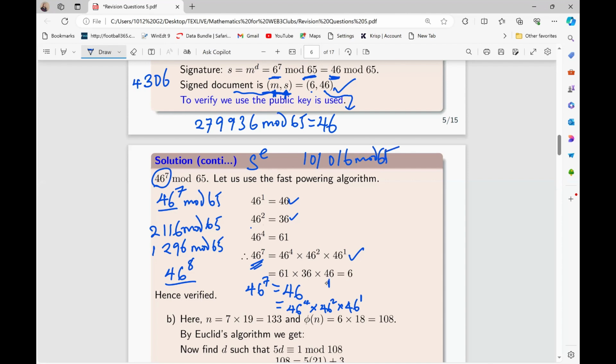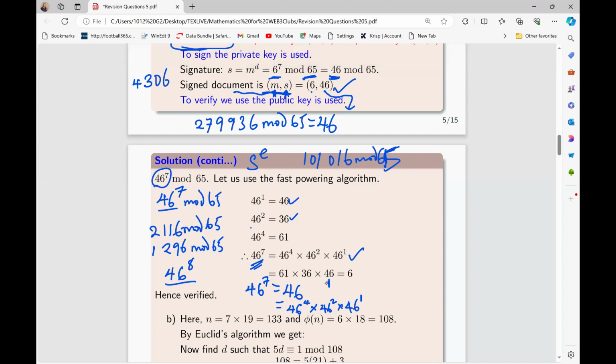In other words, I'm dividing by 65 and noting the remainder. When you divide this by 65, it goes in 1,554 times, which gives me a remainder of 6.